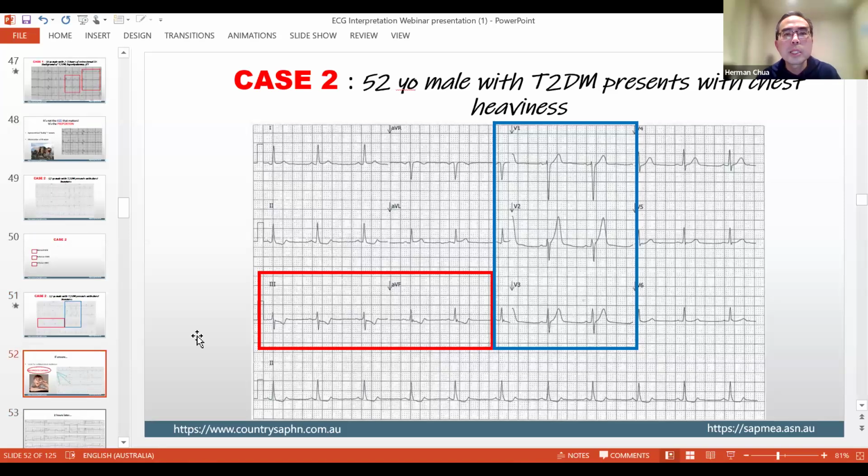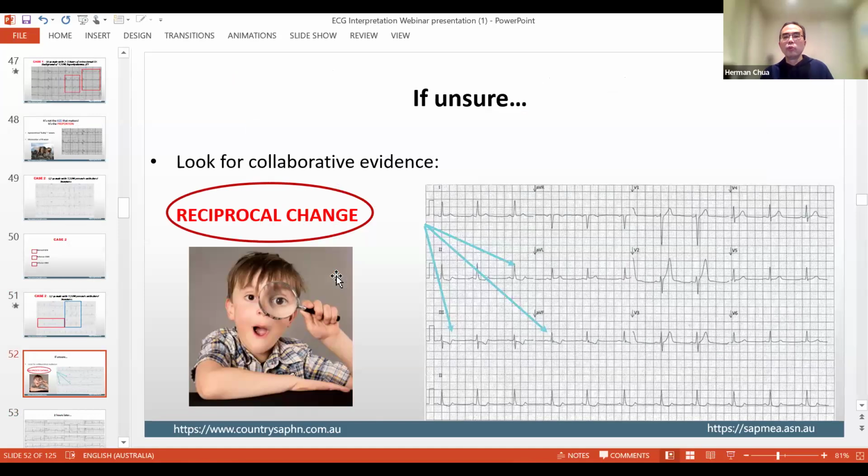So basically, if you're not sure what you're looking at in leads V1, V2, V3, because you think to yourself, hang on, there's no ST elevation. Is this normal? Is this not normal? Well, look at other things that will help support your case for this being an occlusion myocardial infarction.